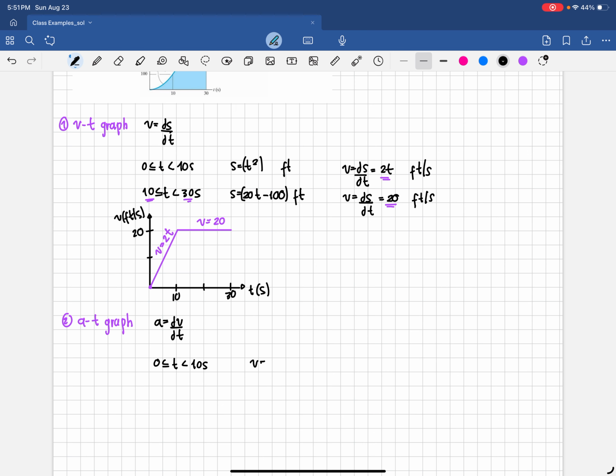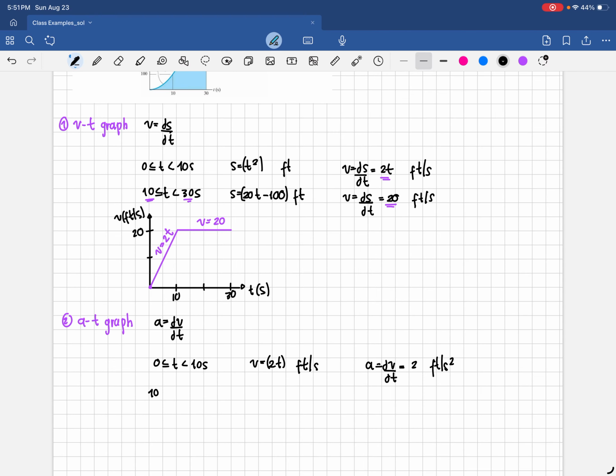The velocity we found is 2t feet per second. Then the acceleration will be the derivative of that, which in this case will be 2 feet per second squared.